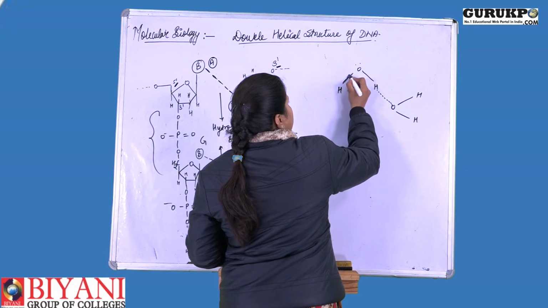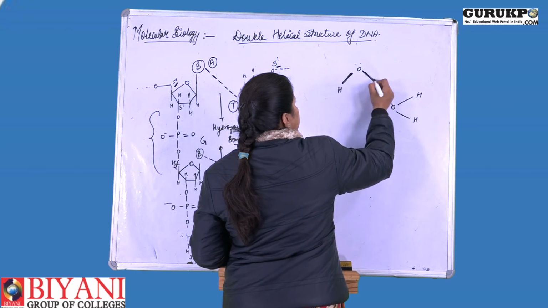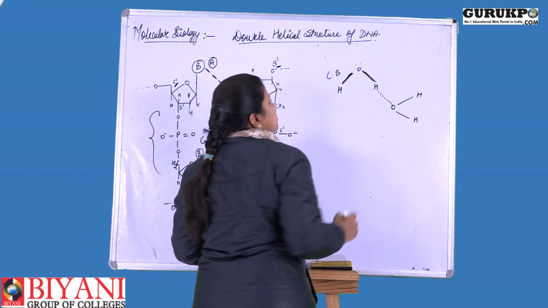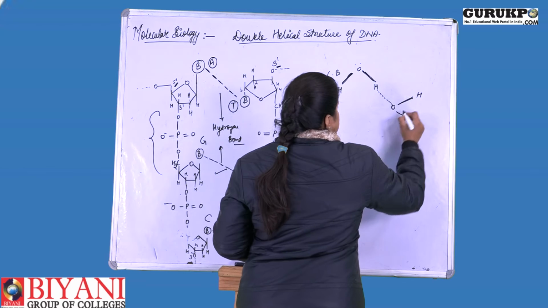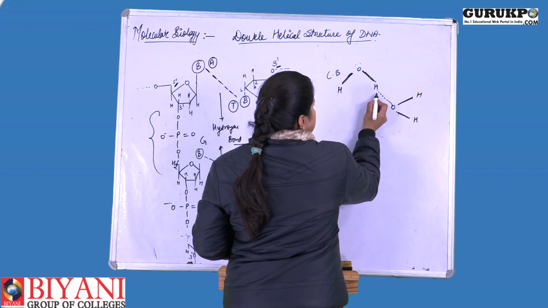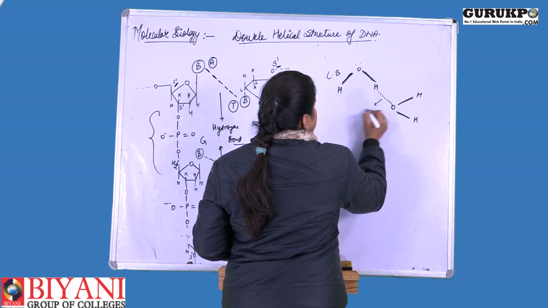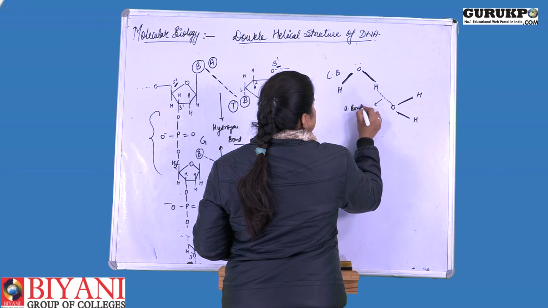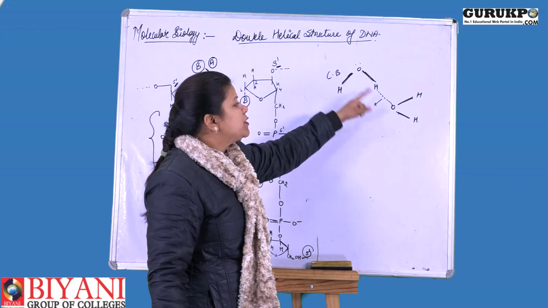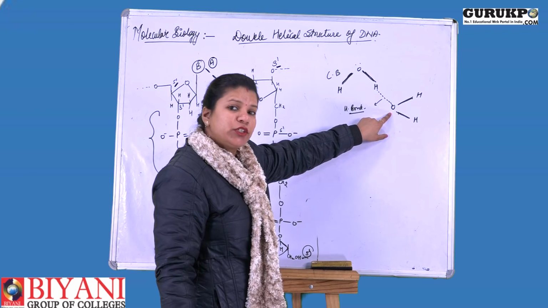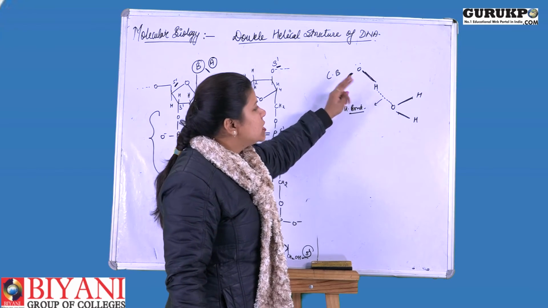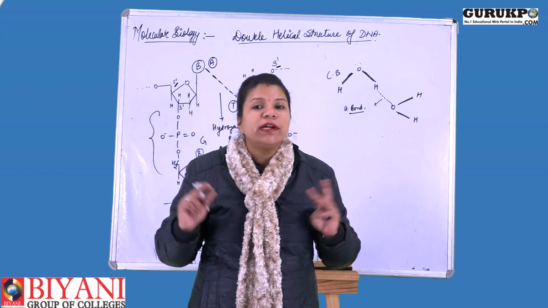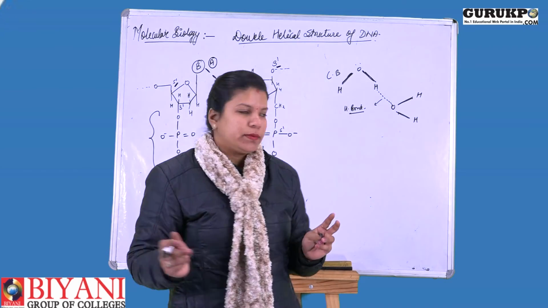So this bond and this bond are covalent bonds that are formed by the sharing of electrons, same as this, but this bond, the dotted line, is a hydrogen bond. Why is it known as a hydrogen bond? Because it is formed between oxygen, which is a highly electronegative atom, and the hydrogen atom, between two different molecules of water. Clear?